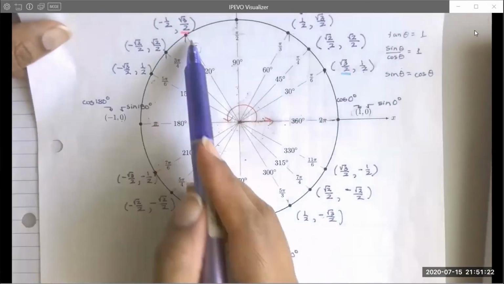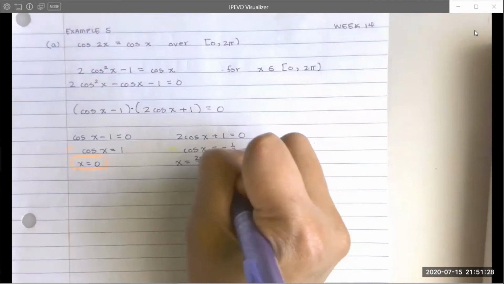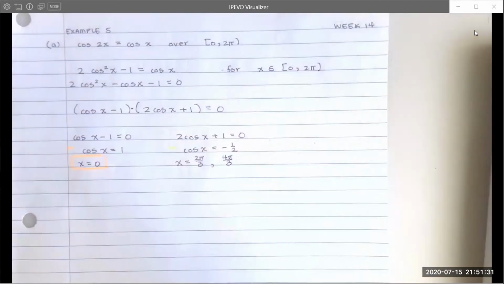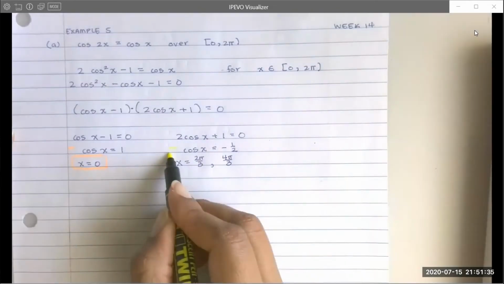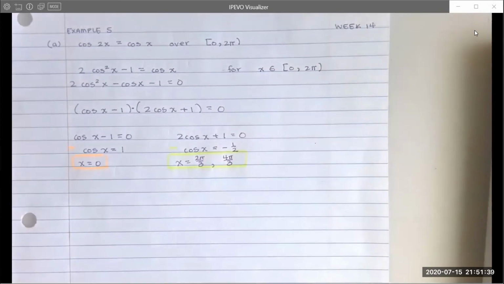It also happens at 4 pi over 3, which is negative 1/2 for cosine as well. So it's those three solutions.